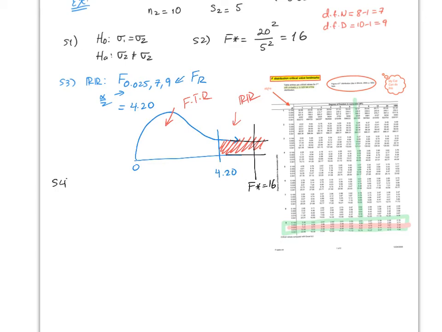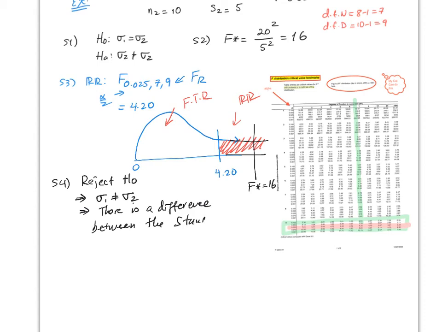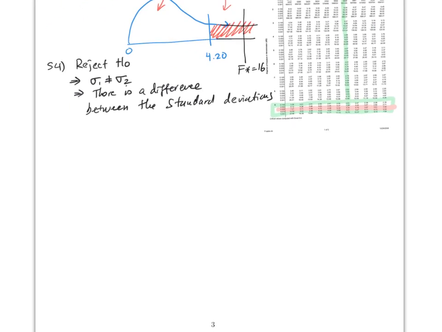So therefore the conclusion will be to reject H0, which implies that sigma 1 is not equal to sigma 2, which means that there is a difference between the standard deviations, or the variances. Now for the p-value, you can do the same thing we did in the t-table and chi-square table. You can approximate the values.